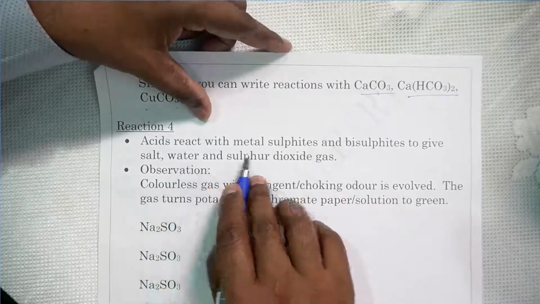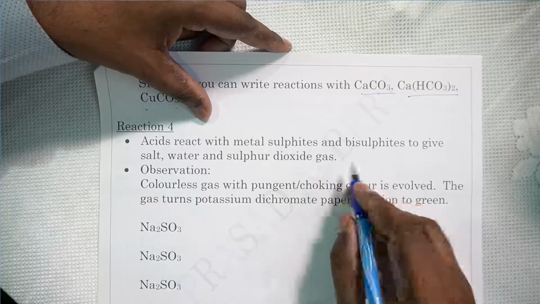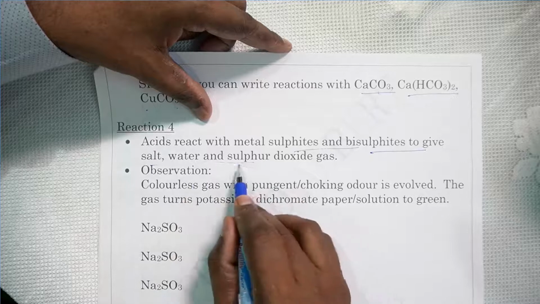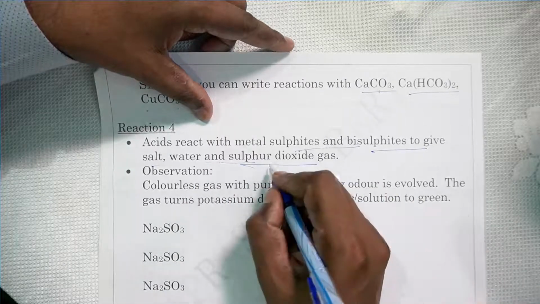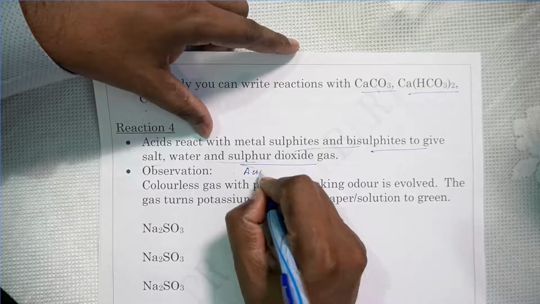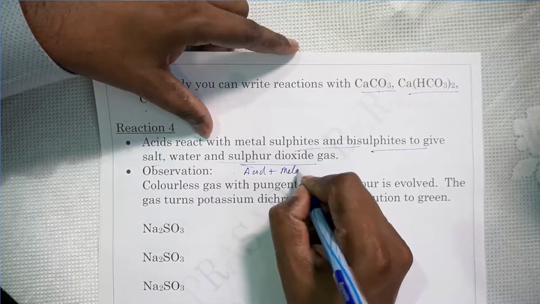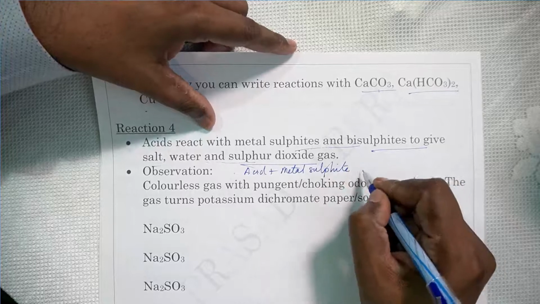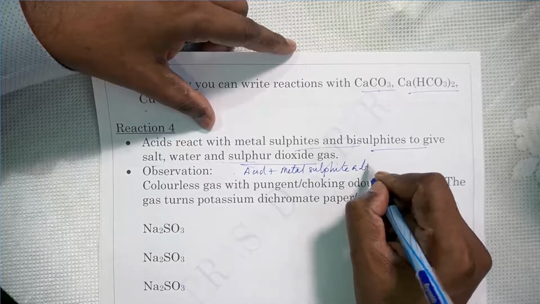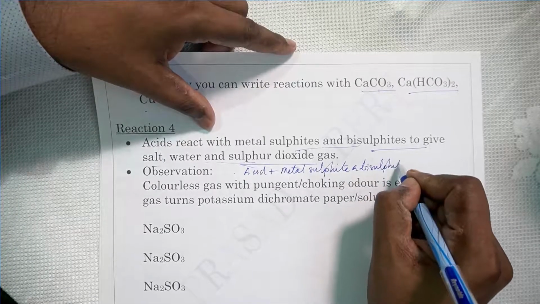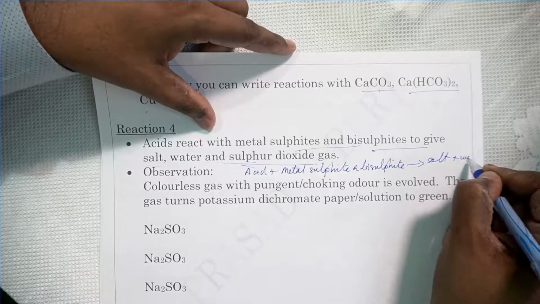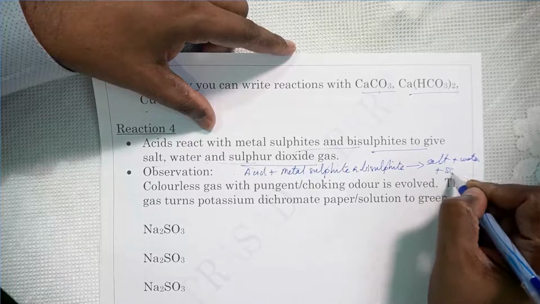The fourth reaction is acids react with metal sulfites and bisulfites to give salt, water and sulfur dioxide gas. So what you write here: acid plus metal sulfite or bisulfite gives salt plus water plus SO2, three products.